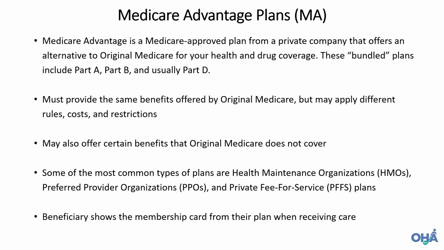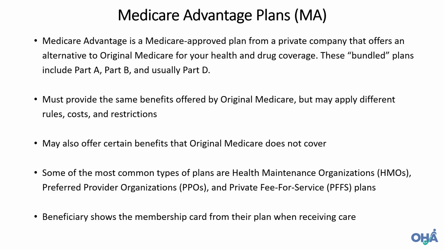Medicare Advantage plans may also offer certain benefits that Original Medicare does not cover. Some of the most common types of plans are Health Maintenance Organizations or HMOs, Preferred Provider Organizations or PPOs, and Private Fee-for-Service or PFFS.